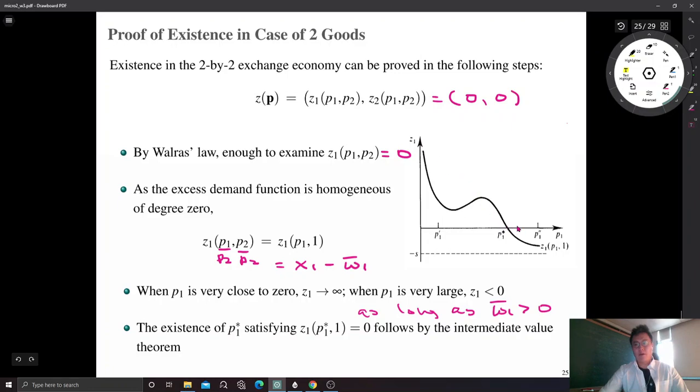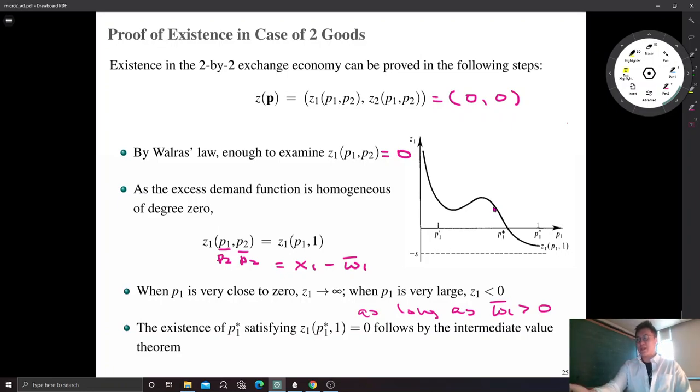But if p1 is sufficiently high, there is no upper bound for p1, this excess demand function goes below the horizontal axis. And then finally, let me use one more property.